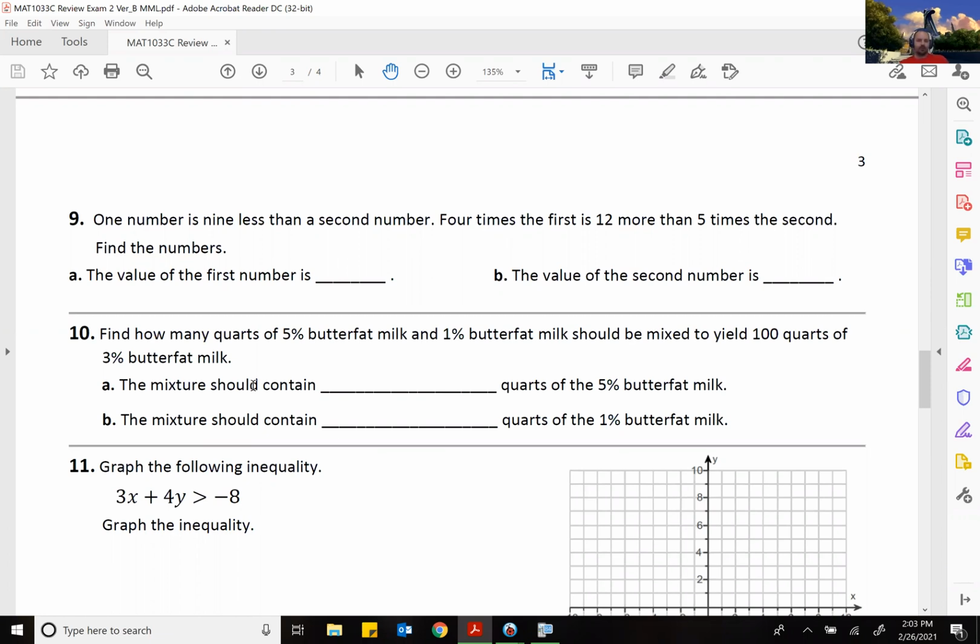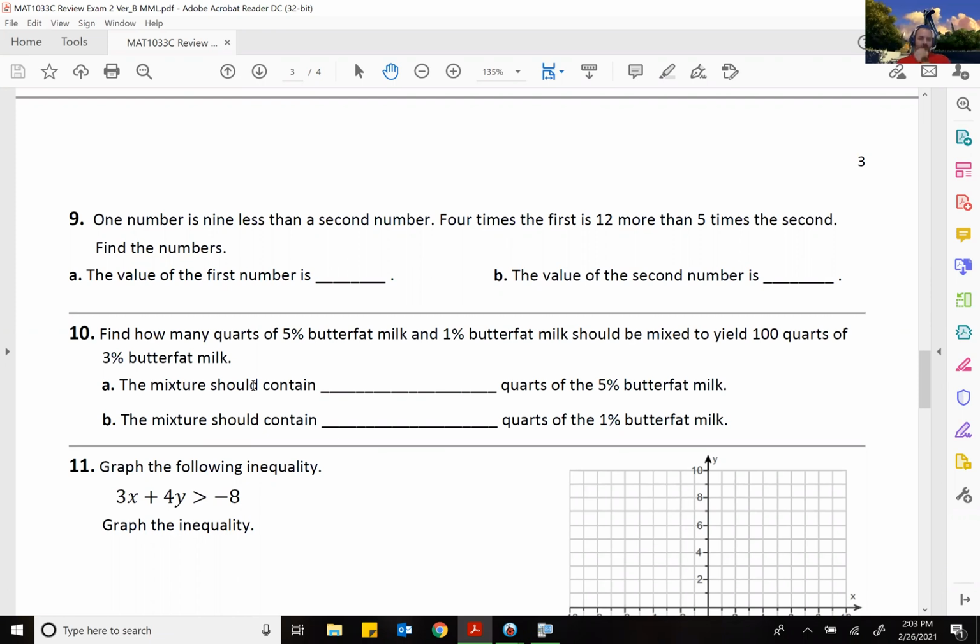Do you see any of those words? No. This is probably standard form, and it is. They give us a total. What's the total on here? 100 quarts of 3%. That's a total. If you have a total, they're giving you standard form.